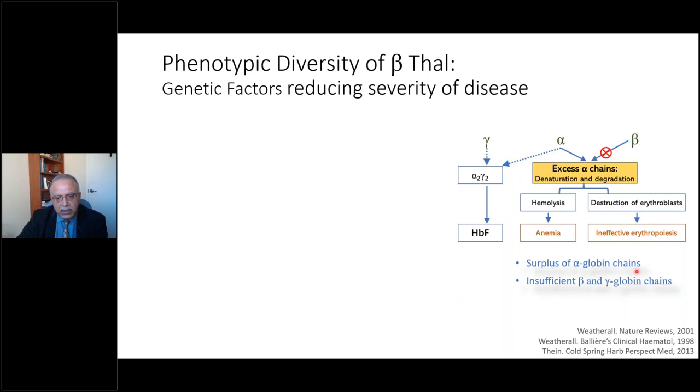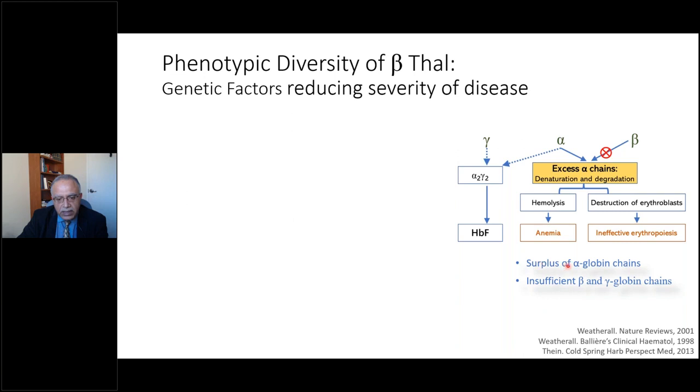In the case of beta thalassemias, the beta chain synthesis is either reduced or completely abolished, which leads to an excess of alpha chains that denature, degrade, and cause hemolysis, as well as ineffective erythropoiesis and anemia. And then the gamma chains are available to combine with the alpha chains to produce hemoglobin F, but they occur at a variable rate. Some have less, some have more.